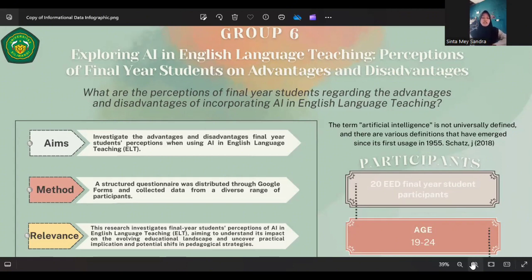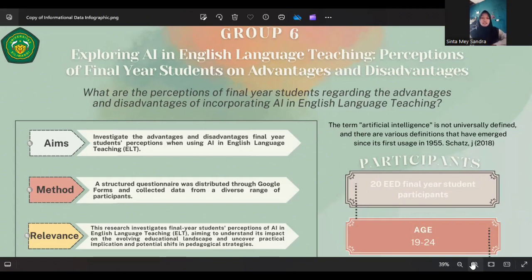The most popular definition of AI is a system that emulates human intelligence and cognitive processes such as interpreting, making inferences, and learning from data to achieve predetermined goals.